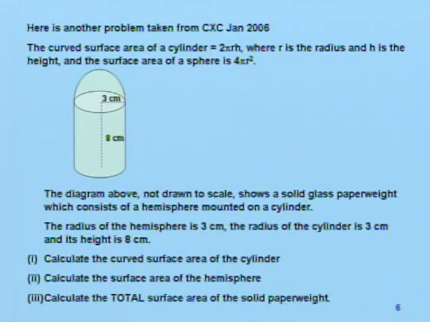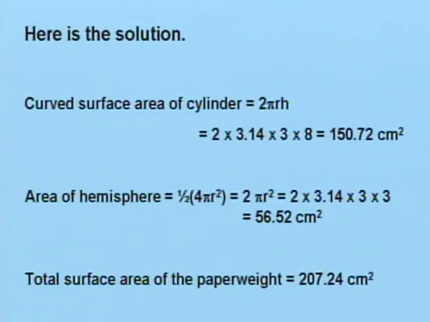1. Calculate the curved surface area of the cylinder. Part 2. Calculate the surface area of the hemisphere. Part 3. Calculate the total surface area of the solid paperweight. Here is the solution.